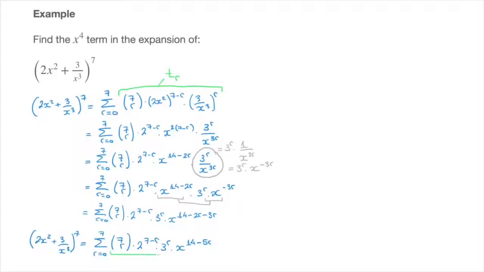And now this general term is written in its simplest form. In fact, I'll go ahead and copy it at the top right-hand side of this page. The general term of this binomial expansion, T_r, equals 7 choose r times 2 to the power of 7 minus r times 3 to the power of r times x to the power of 14 minus 5r.